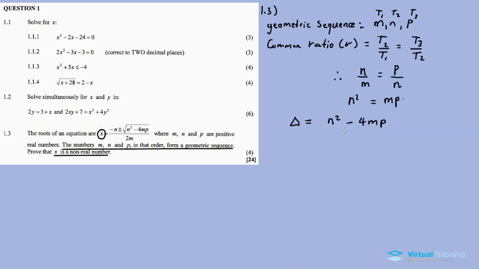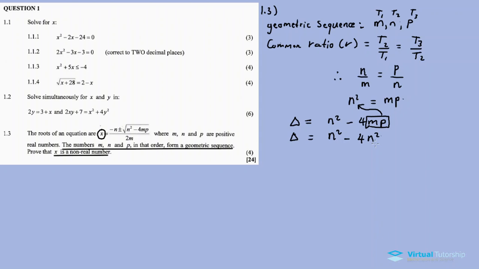This needs a little bit of imagination or some critical thinking. So the discriminant is equal to n squared minus 4mp according to our quadratic formula. But I can see that mp is also equal to n squared.